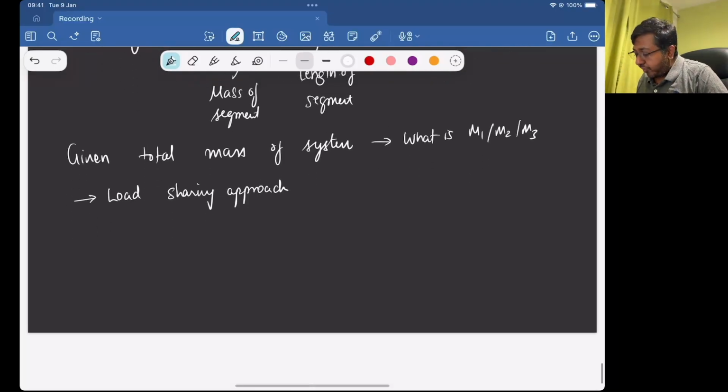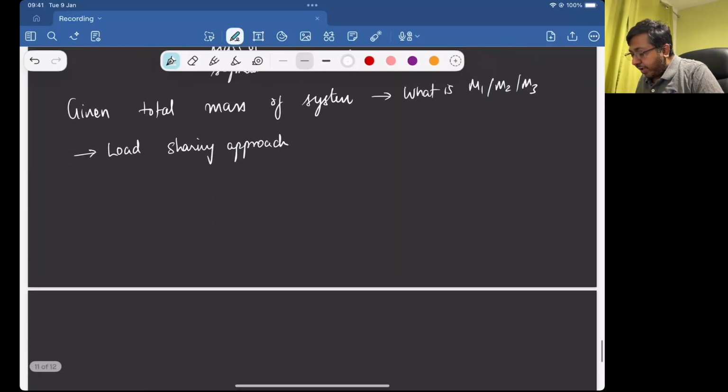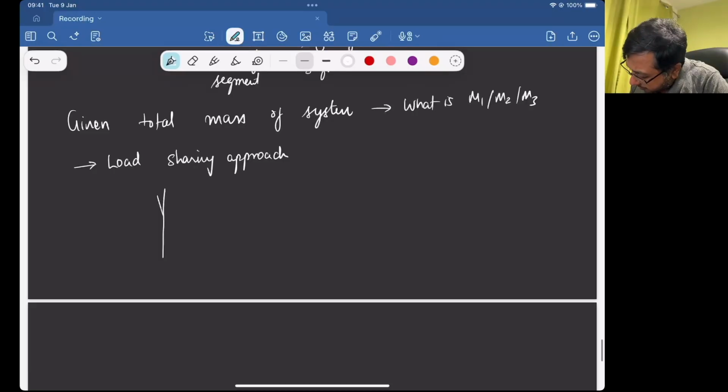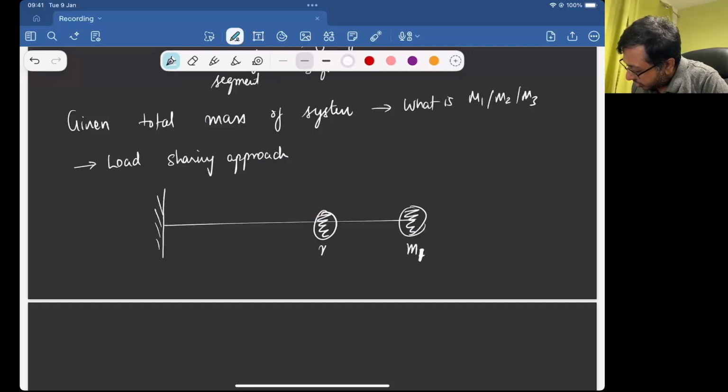Okay, so what are we saying in a load sharing approach? Let's say we rewrite our beam. So we have M1, we have M2 and we have M3. What am I saying?